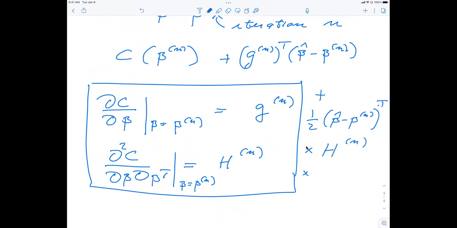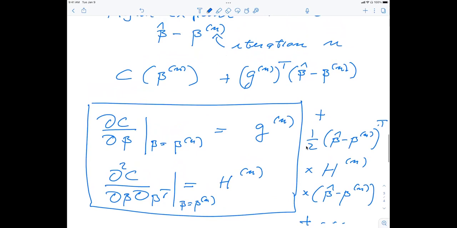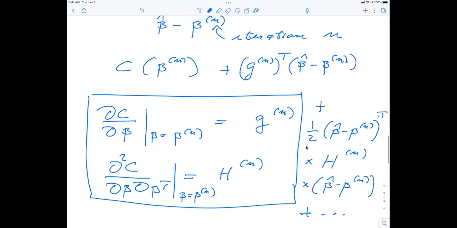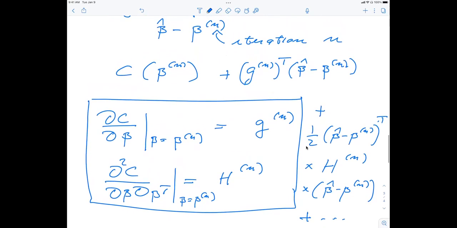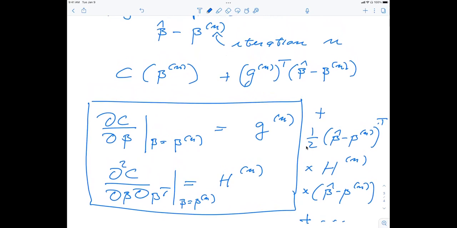And this is again multiplied with beta hat minus beta of n. And this continues. So this is the Taylor expansion of the cost function for an expansion around the difference between the optimal value and the value from a previous iteration.